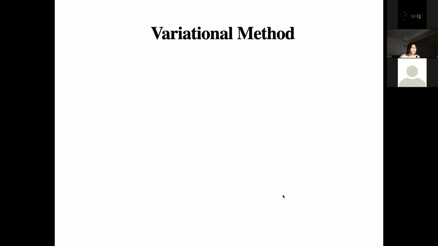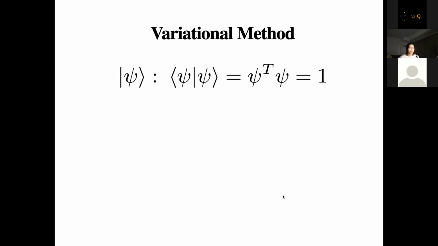So the variational method is a fairly simple idea. We have this psi wave function, or you can think of it as a vector, that satisfies, say, the norm 1 condition. This will be connected to probability later, but let's just say this is a condition we'll work with. What you can do is this physical operation called the measurement.